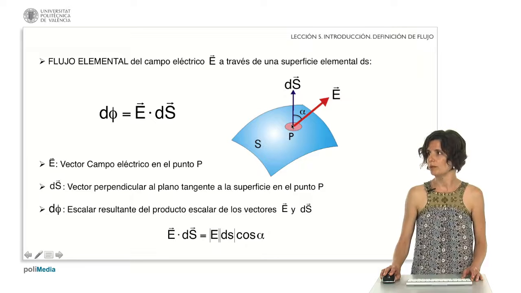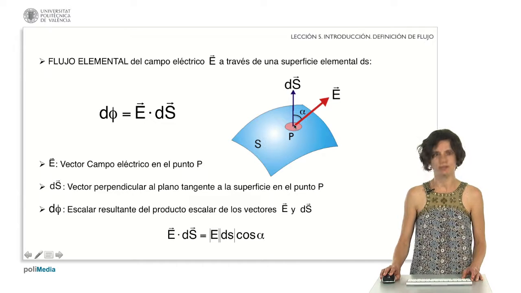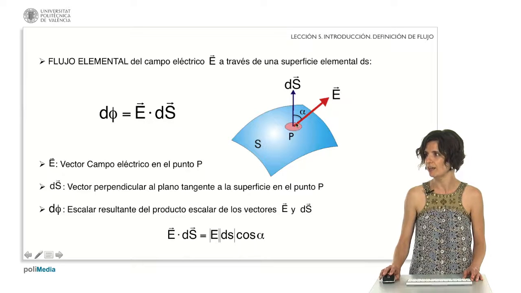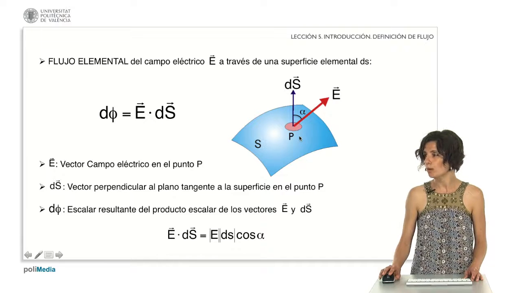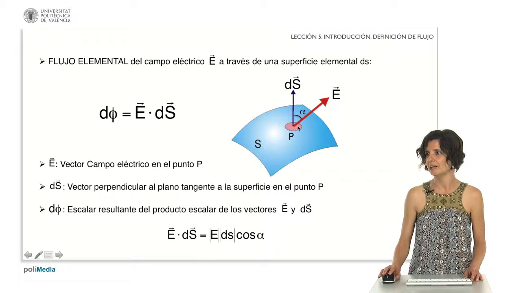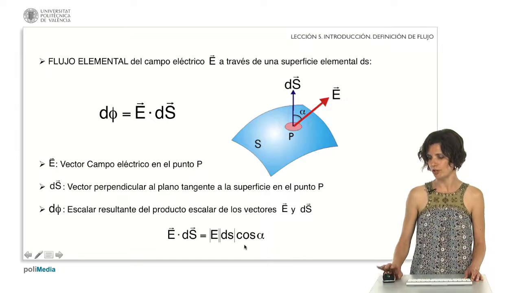Then we will evaluate the differential vector of S, which is a vector whose modulus corresponds to the area of this differential element and is perpendicular to the surface at that point. Well, the elementary flux of the electric field through this area differential is equal to the scalar product of these 2 vectors, E and differential of S. Therefore, it is the product of the modulus by the cosine of the angle they form.